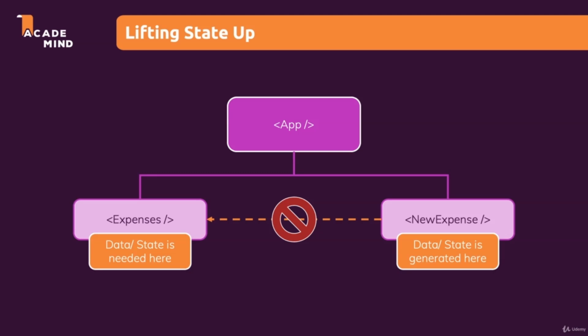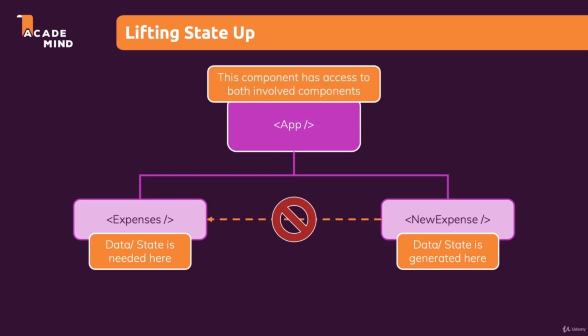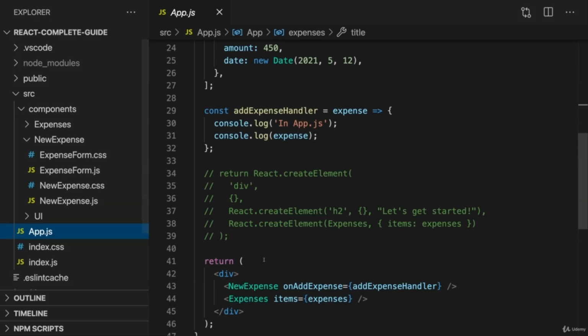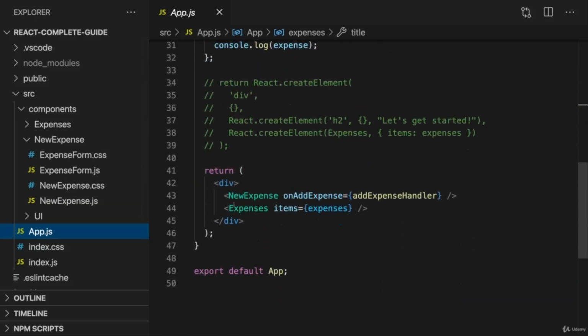That's why in such cases, like we have it here, we utilize the closest parent component which has direct or indirect access to both involved components. In this case, the app component. The app component in our application has access to both the new expense and the expenses component because it renders both components in its returned JSX code.